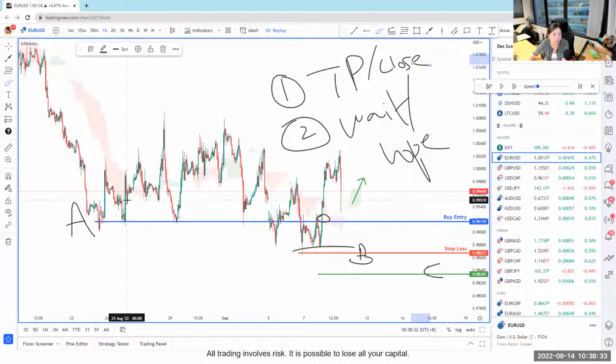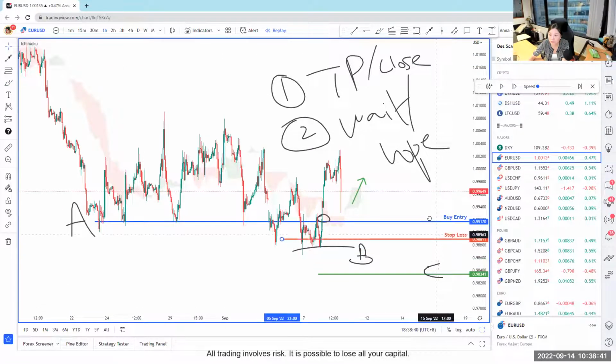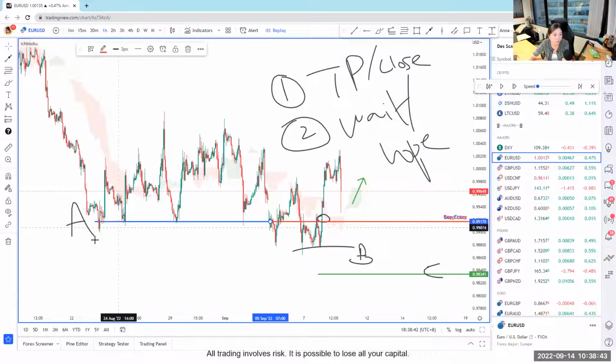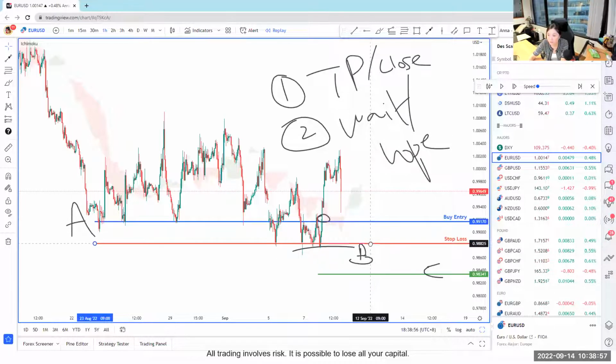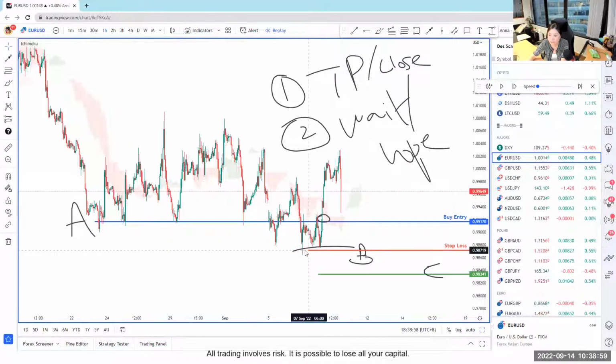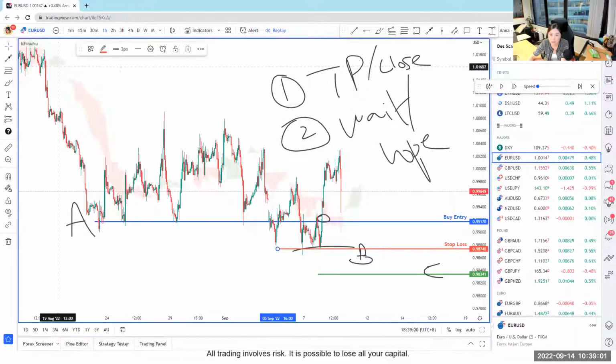But have you guys ever thought that you can move your stop loss from here to here, so you will not lose any money, in case price actually flies back down from here to here? Okay, so the two stop losses that I have shown: one is here, your previous stop loss.